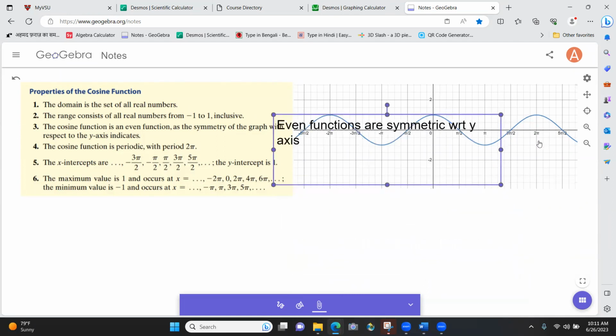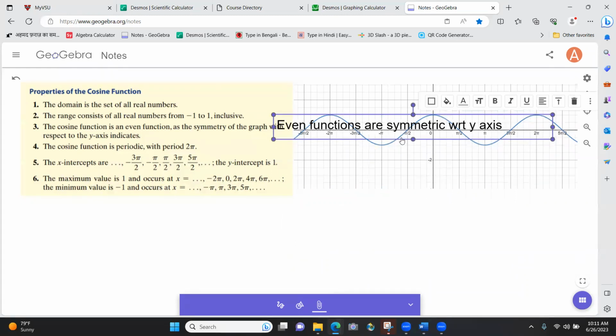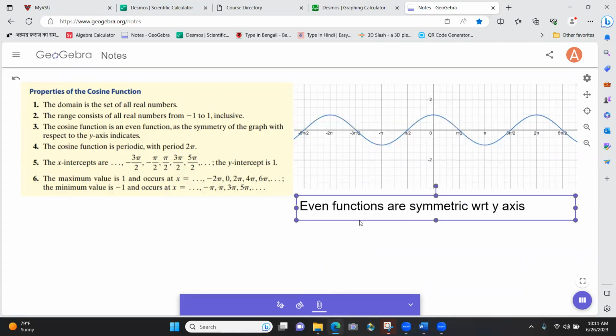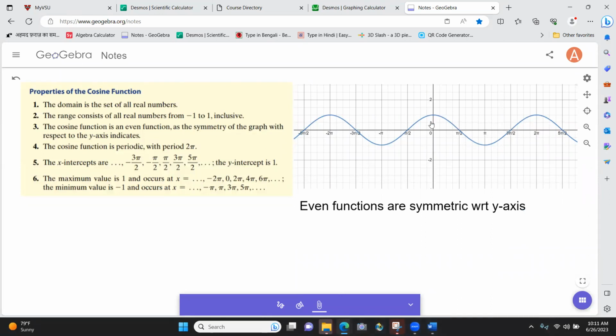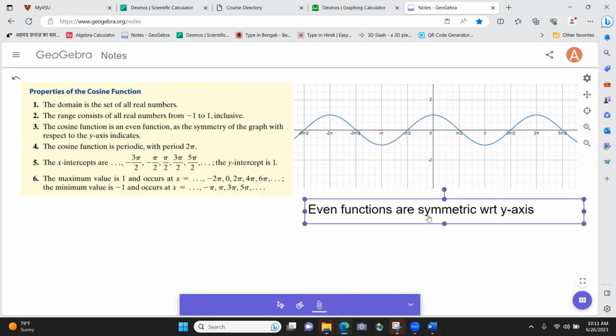Take a look at the cosine function. The left-hand side of the y-axis is a mirror image of the right-hand side. If you print it and fold it along the y-axis, this side will fall on top of this side.